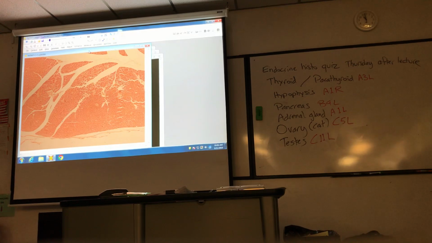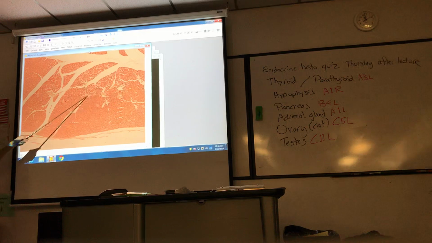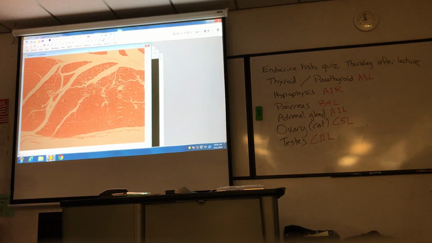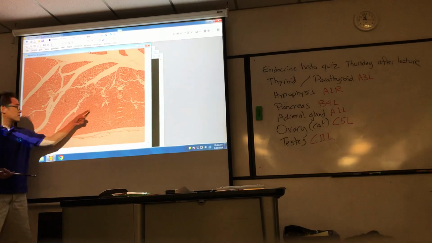Those are the little clumps of cells that secrete insulin and glucagon. Whenever you look under low mag, what I always do, I look for things that pop out. Like that pops out. All these little things pop out, but they're not all the correct thing. You're looking for a clump of cells. I think this is it.